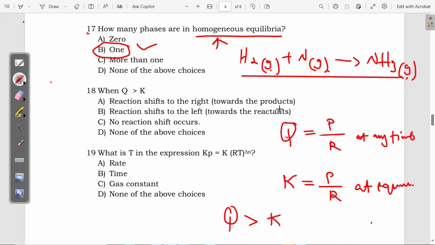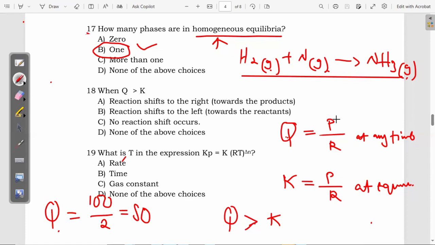For this to be greater, it means we have a lot of the products and the reactants are at a very low number. For example, if the product is at 100 and the reactants are at 2, this will give you 50, which will be greater than the K at equilibrium. So if Q is greater than K, we have more products in the reaction.